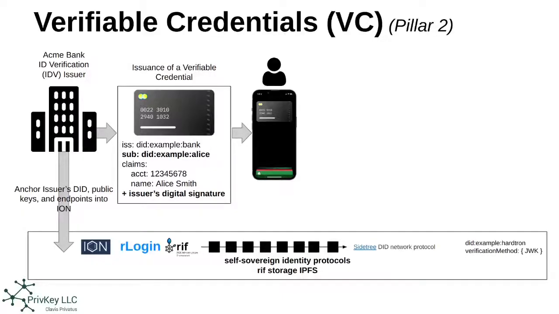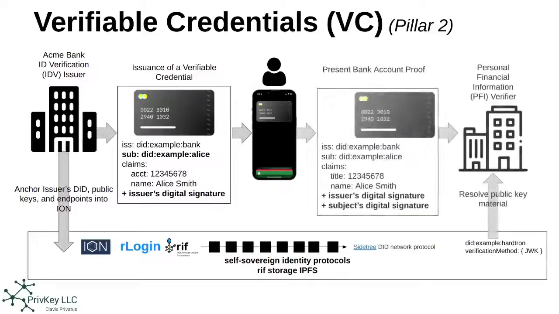The user now gets the account, the name, and the digital signatures over it. It's kind of like ownership goes to the owner. The IDV, the issuer, basically says, okay, I'm out of here. And this is a type of trust relationship, but the idea is that I can prove that this is the actual credential. I'm handing it over to the actual user. This is usually a manual process.